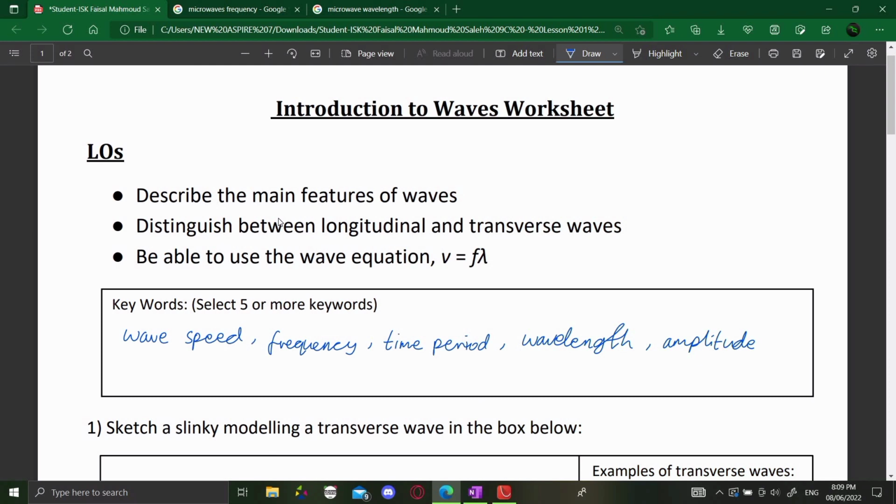So how high up it can reach, the maximum distance from that steady position.